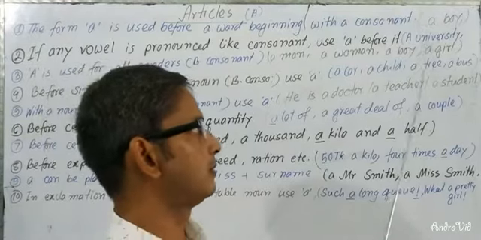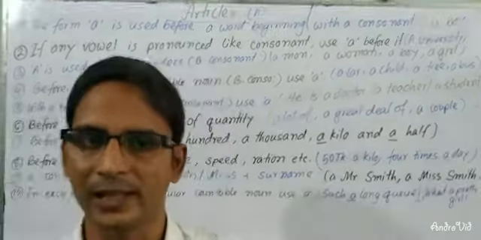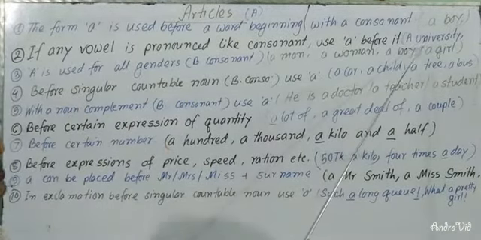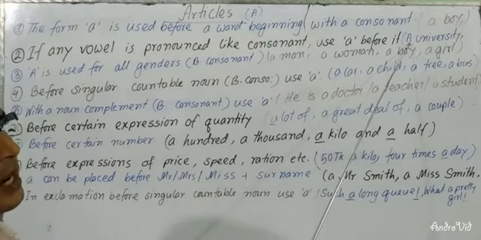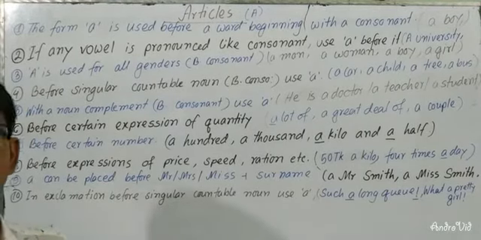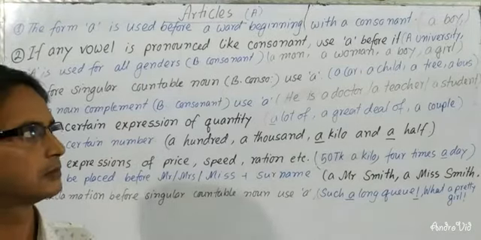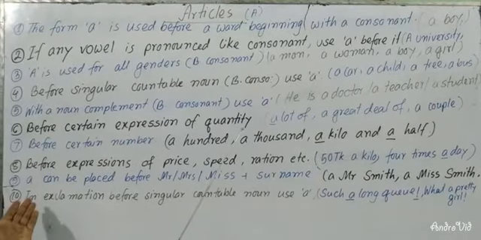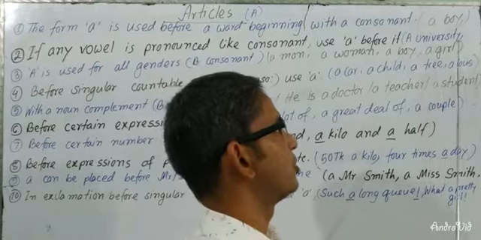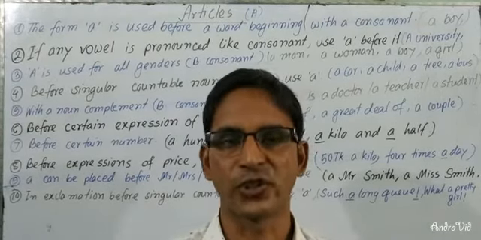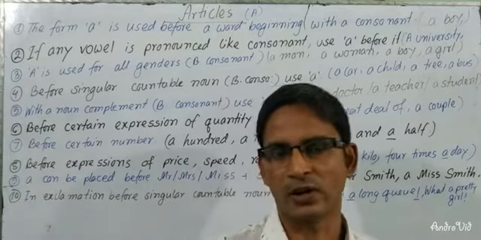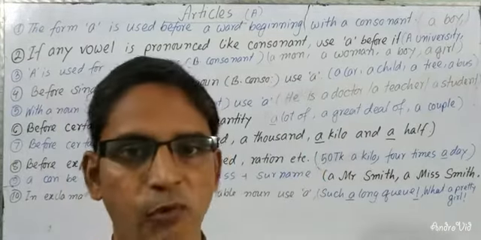So if any word begins with a vowel that is pronounced like a consonant, then before that type of word we have to use article a, like a university, a unit, etc. At the time of pronouncing university, it starts with the consonant sound yeah, according to the International Phonetic Alphabet, IPA.